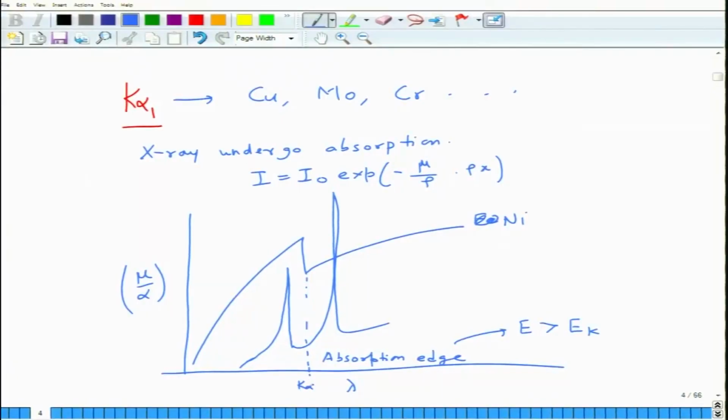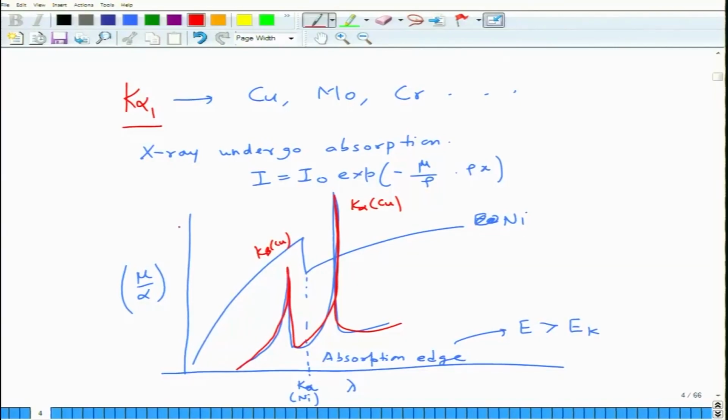This is the K alpha of nickel. Nickel has a K absorption edge which falls between. So this is, let us say, the K beta peak of copper, and this is the K alpha peak of copper, K alpha Cu, and this is K beta Cu. So if you want to use copper radiation, and you want to use the K alpha component, then you let copper radiation pass through a nickel filter. What the nickel filter will do, and this is, by the way, a logarithmic axis.